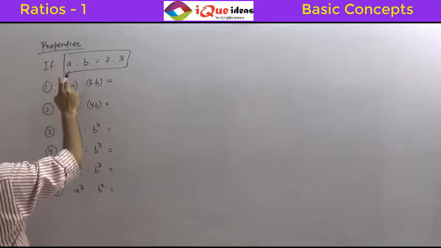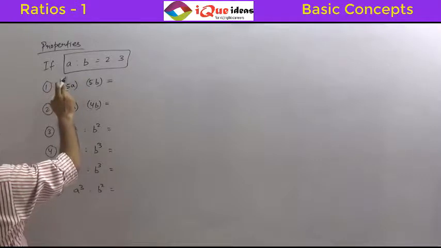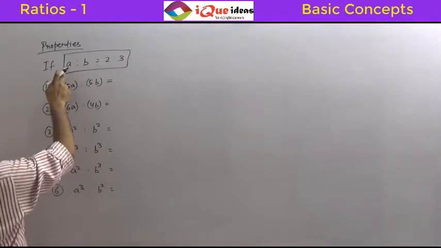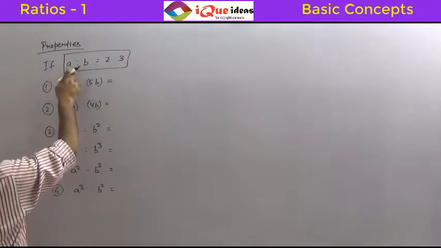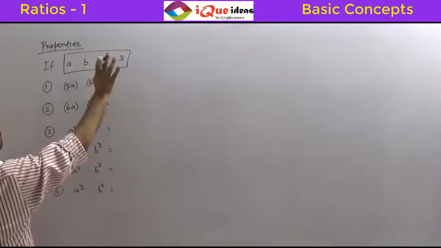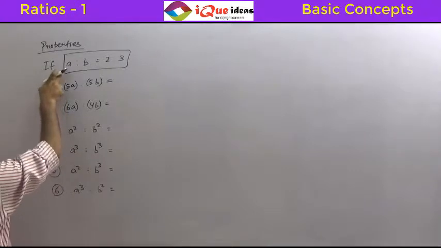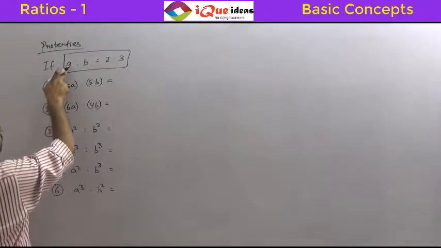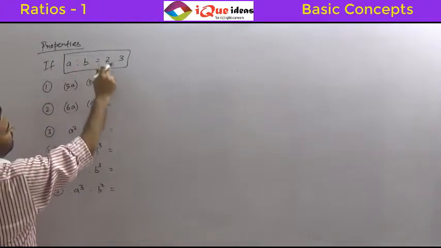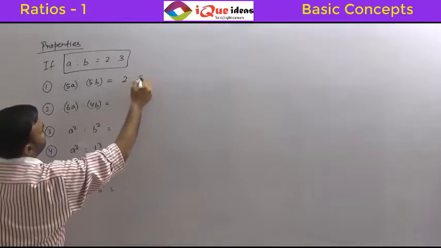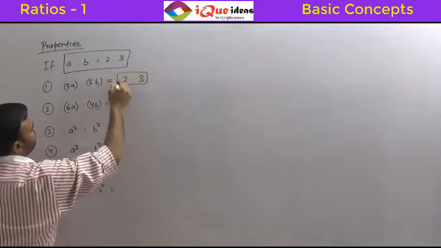Suppose we multiply by the same number to the components of one side. We don't need to do anything to the other side. For example, in the first question, we are multiplying by 5 to this A and this B. That means the other side will remain the same. No change at all.